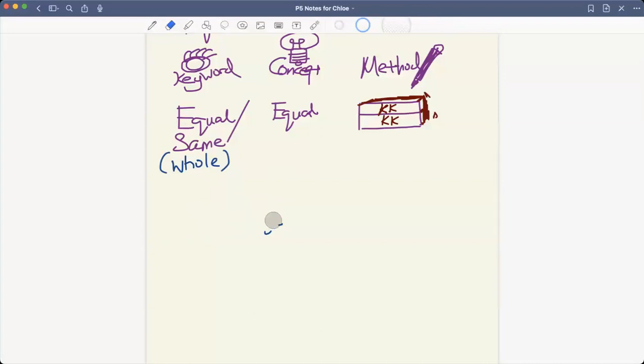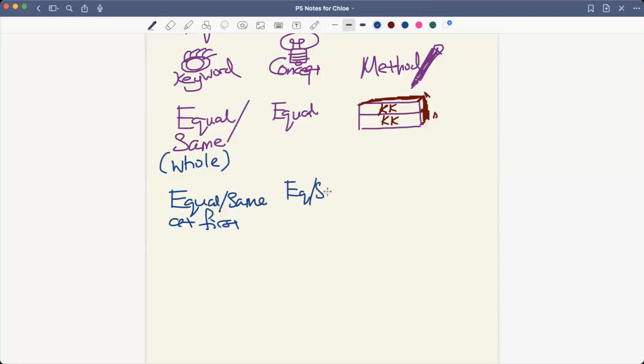So what you see is equal or same at first. So this is equal, same before change. So what you can do is you just draw two equal bars again.